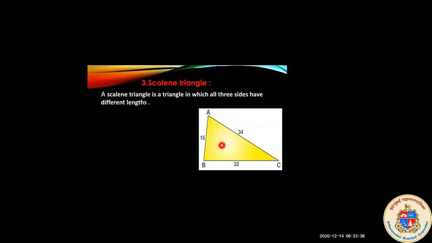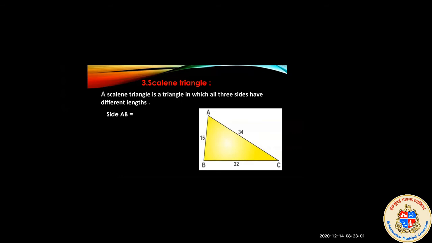AB is 15 centimeter, side BC is 32 centimeter, side AC is 34 centimeter. So when all the three sides are different, that is called a scalene triangle.